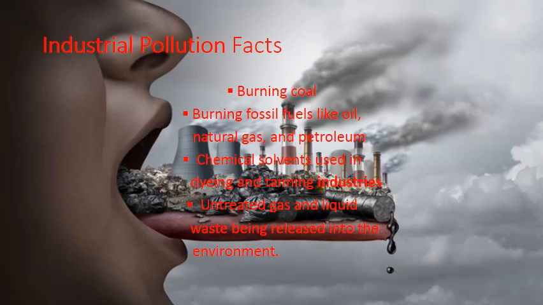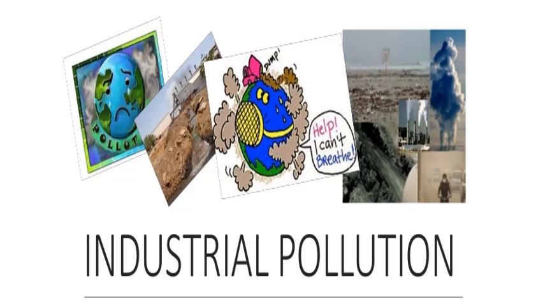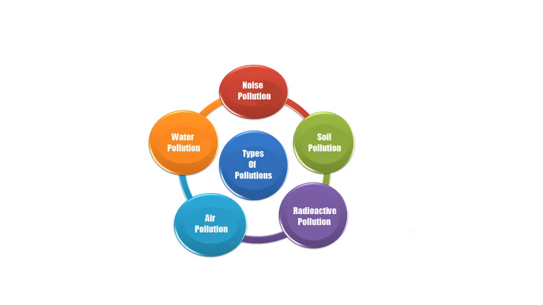You can see how humans are badly affected by industrial pollution. The various types of pollution are air pollution, water pollution, noise pollution, soil pollution, and radioactive pollution.